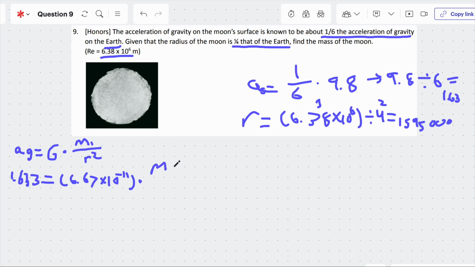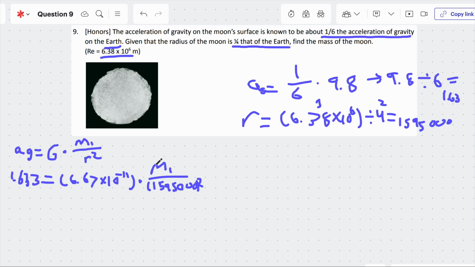We don't know that. We're trying to figure that out. Divided by our radius squared. So that's 1595000 squared.